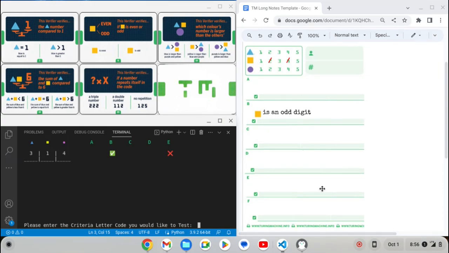So let's go ahead and type that up in our notes in section E. And we'll say that the solution is a double or triple number. I apologize, there's a bit of a lag.